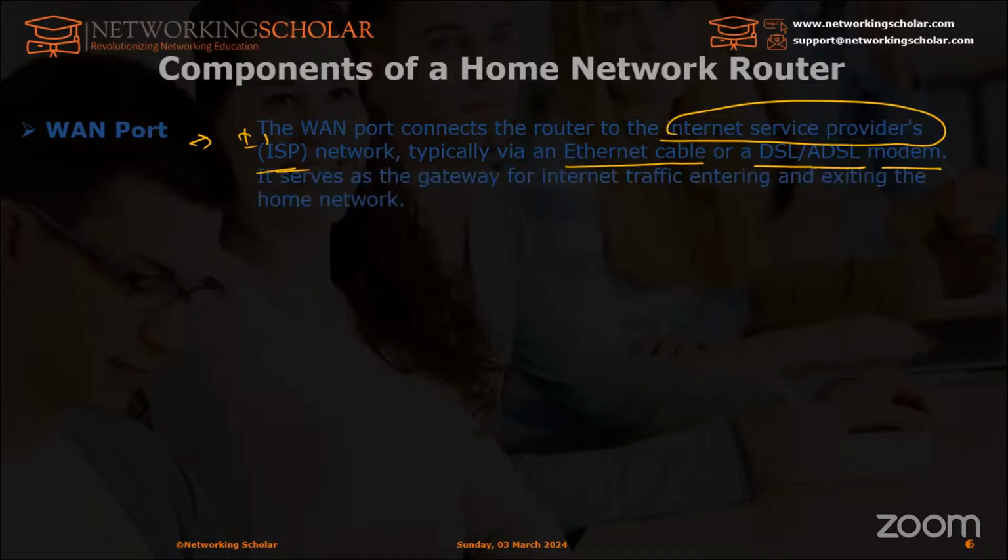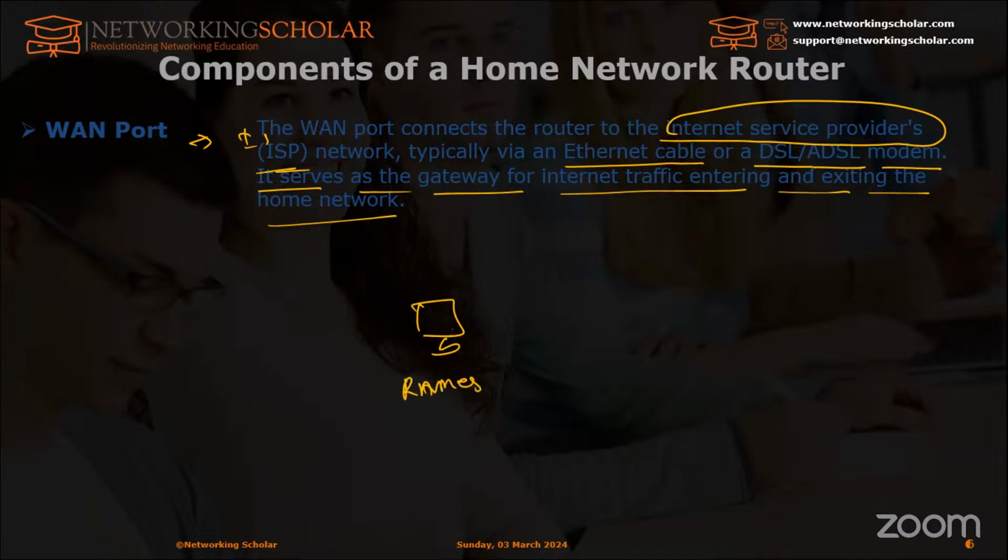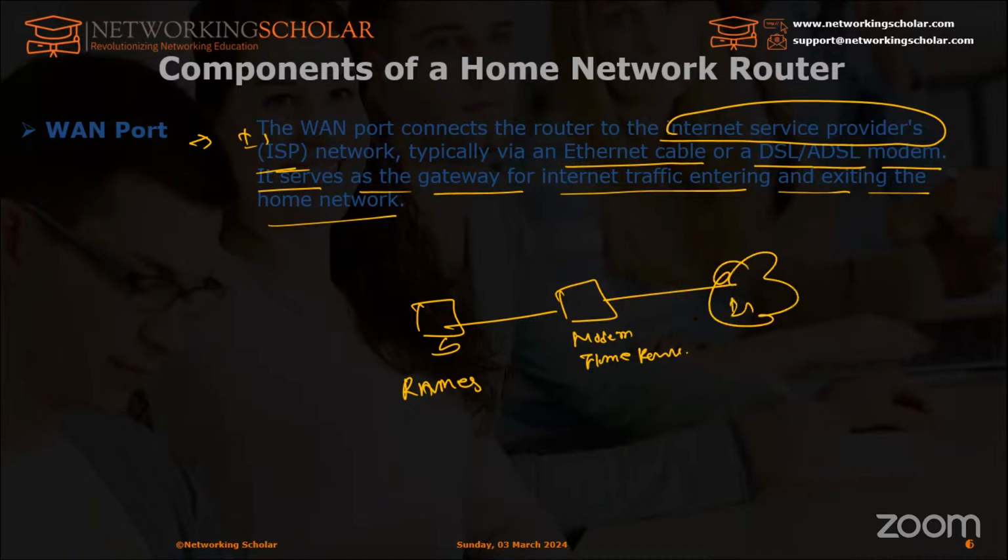The next thing is that it serves as the gateway for internet traffic entering and exiting the home network. How? Suppose there is a user, like me here, connected through a modem or home router, which is directly connected to the internet. Suppose something like CCTV is connected here and you want to access it from outside.